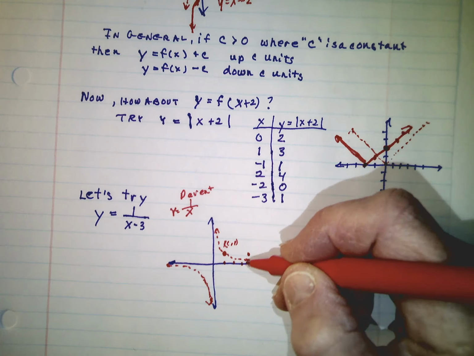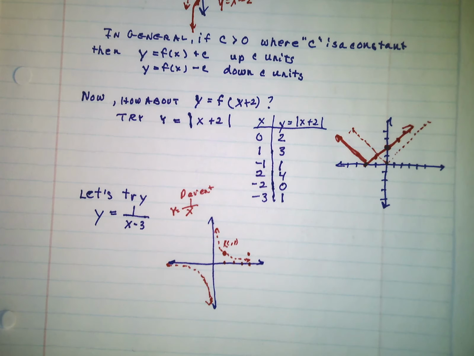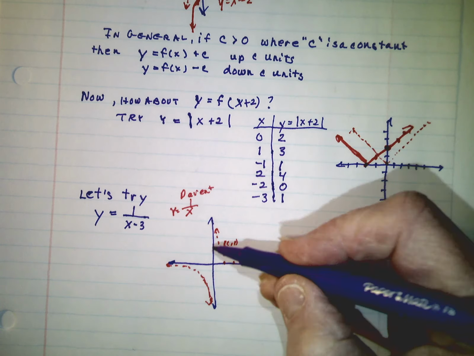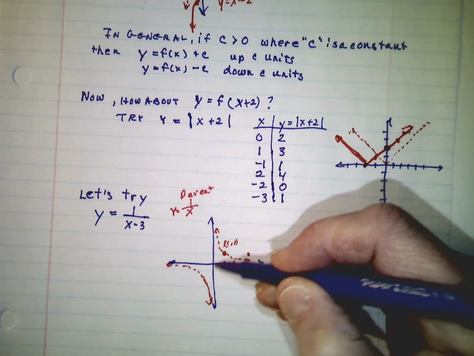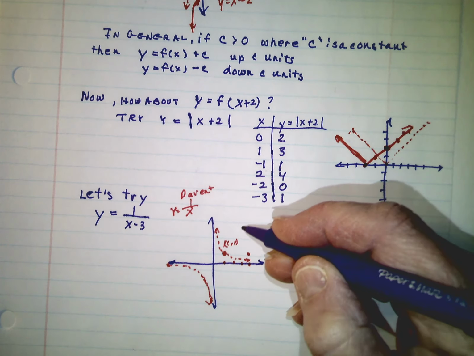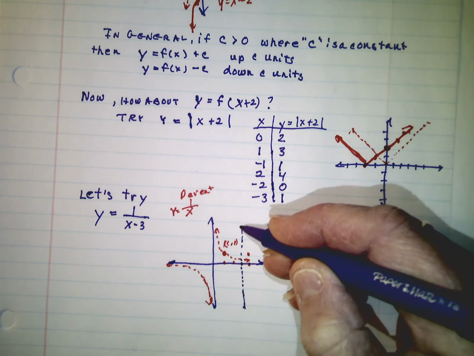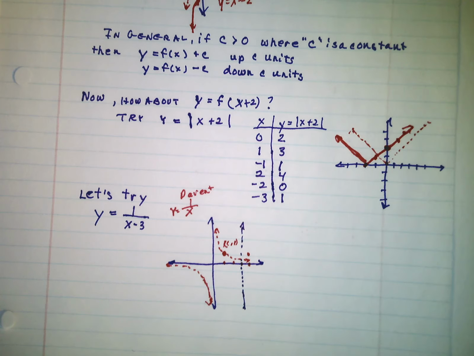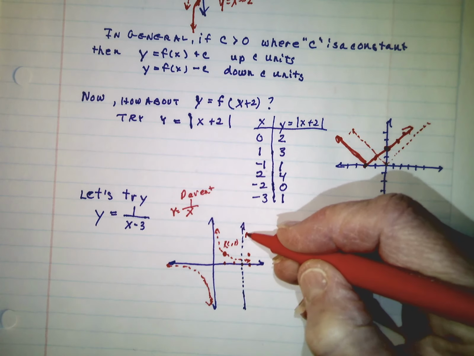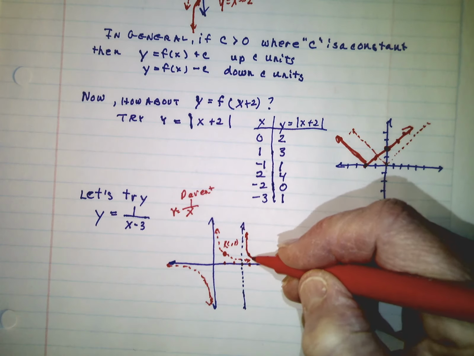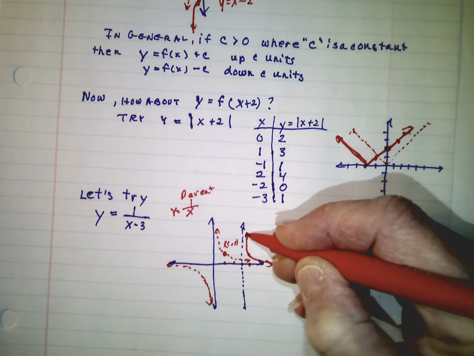And the graph is going to be, instead of having an axis here at x equals 0, we're going to have an axis here at x equals 3. And the graph will be shaped around that new axis.